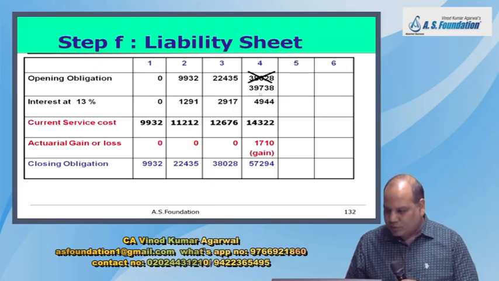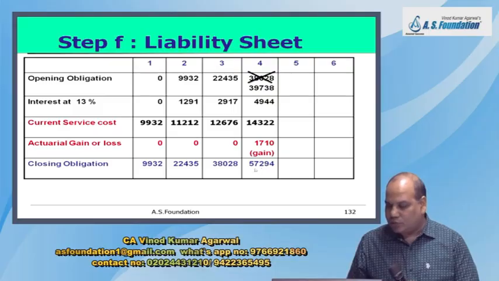Can you tell me what is the difference between the two? Is it 1710? Yes. So closing obligation should be 57294.